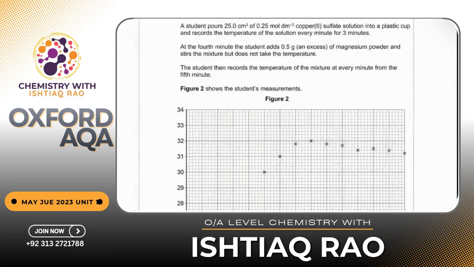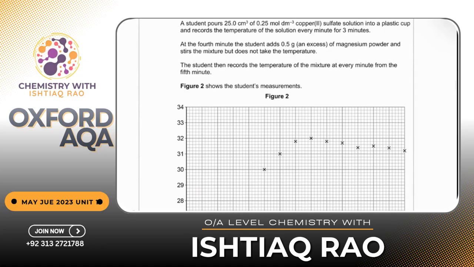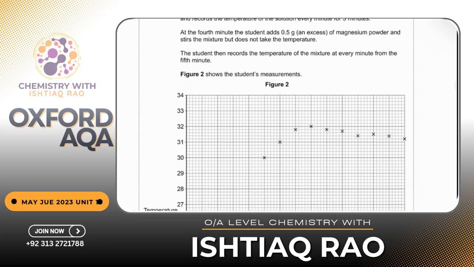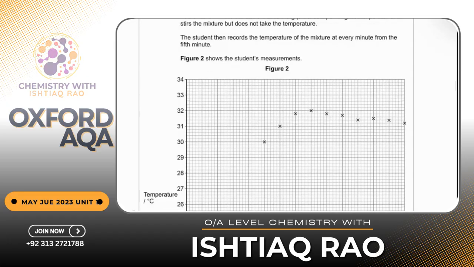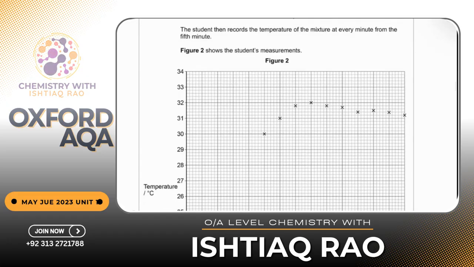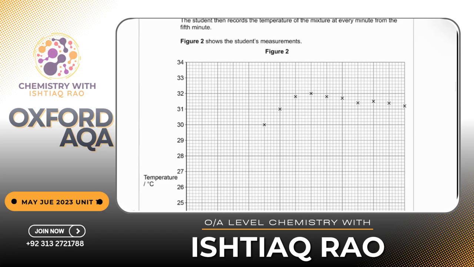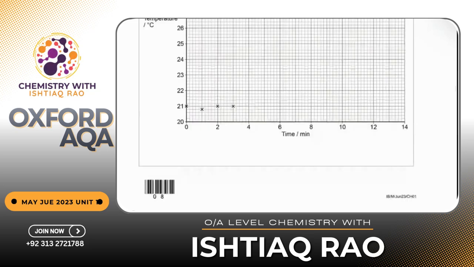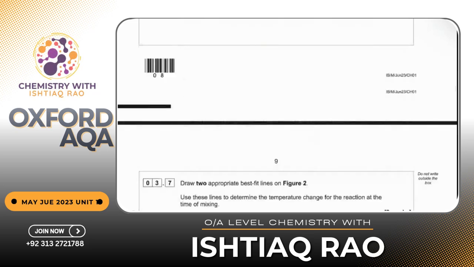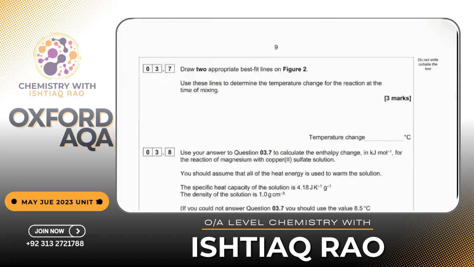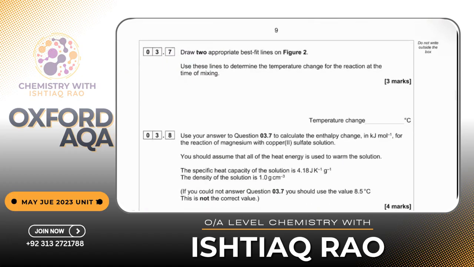At the 4th minute, the student adds 0.5 gram of an excess of magnesium powder and stirs the mixture but does not take the temperature. The student then records the temperature of the mixture at every minute from the 5th minute. Now 3.7: draw two appropriate best fit lines on figure 2.